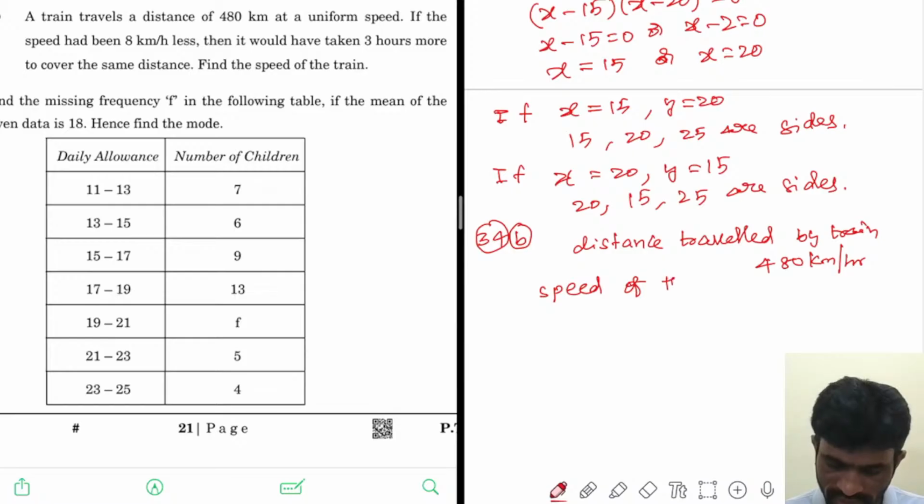We have to take speed of the train to be x kilometers. No, it is not per hour. It is just 480 kilometers. Distance is 480 kilometers. We are taking speed to be x kilometers per hour.